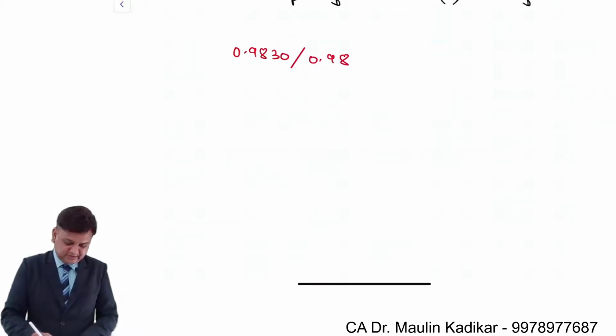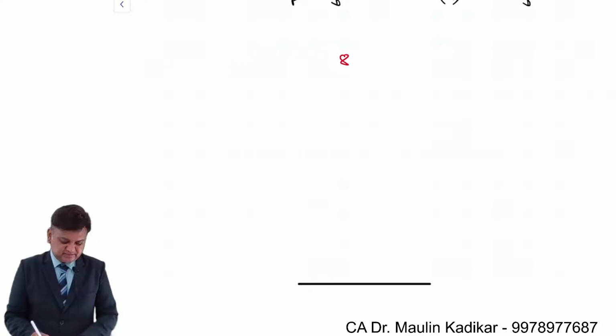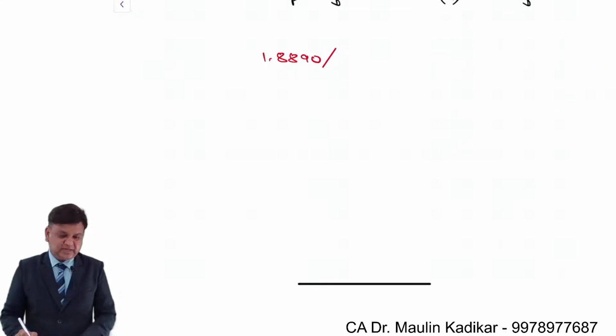Oh, sorry. Spot exchange rate is 1.8890 slash 1.8920. That is the dollar per euro.